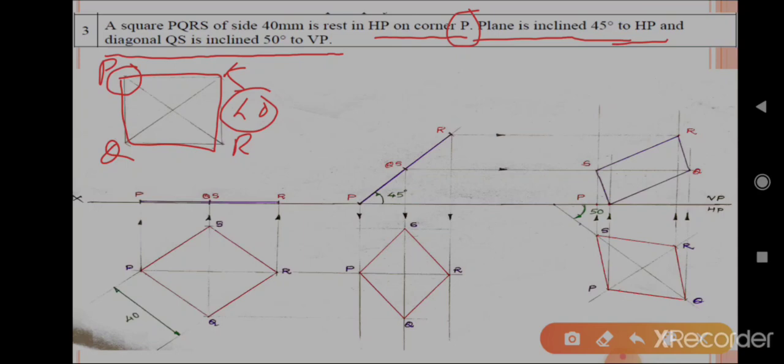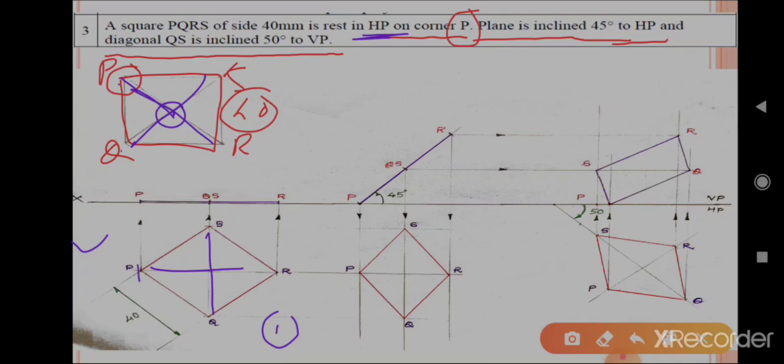Then start with the first view, that is resting on HP. So we start with HP, that is the first position. Draw horizontal and vertical lines, connect the diagonal position. From the diagonal crossing point, we can take the distance up to P or up to Q, all distances are equal.